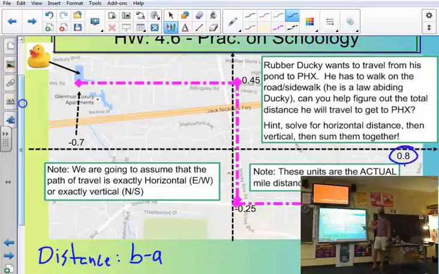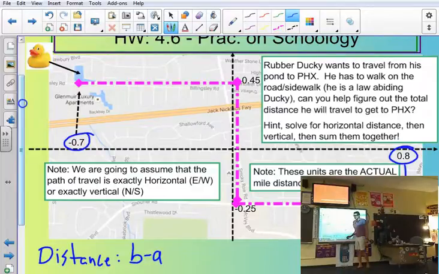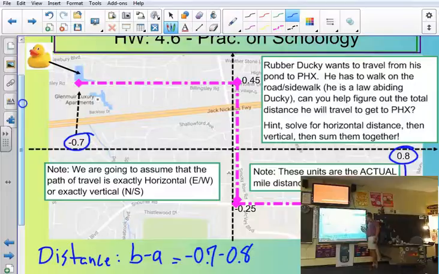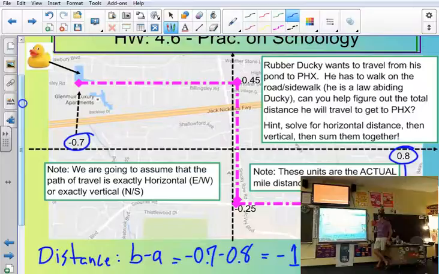Phoenix ends at an X value of 8/10. Rubber Ducky starts at an X value of -7/10. So if I set up -7/10 minus 8/10, I'm going to get -1 5/10. So he's going to travel a -1 5/10 horizontal distance.